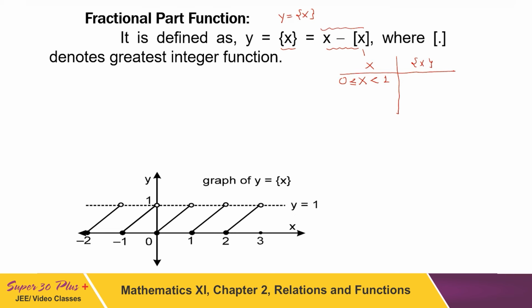As we know, x lies between 0 to 1, the greatest integer x is 0, means your answer is x. If x lies between 1 to 2, then your answer will be x minus 1. If x lies between 2 to 3, then your answer of fractional part function is x minus 2.